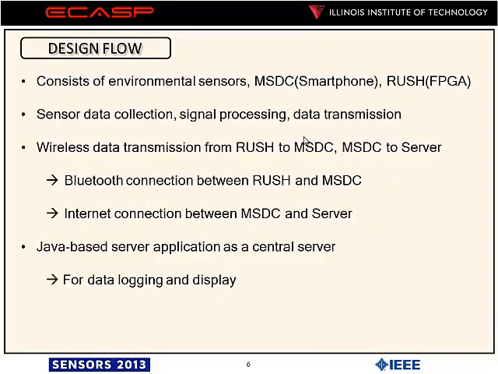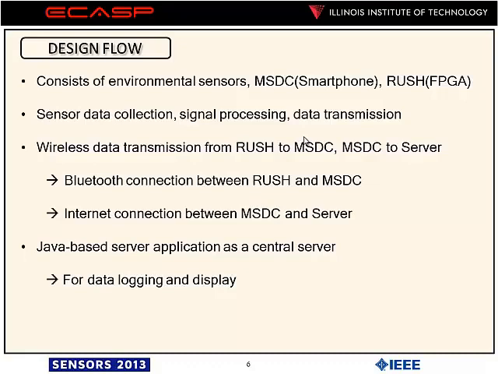So in our study for this conference, we're introducing a design flow consisting of environment sensors, a smartphone, and the FPGA, which does data collection of sensor data, not restricted to ultrasonic data, signal processing, and data transmission, where we can transfer data from one end to the other using multiple wireless protocols.